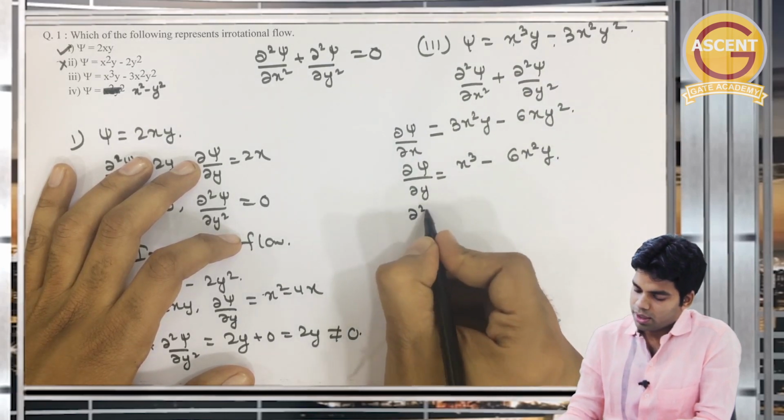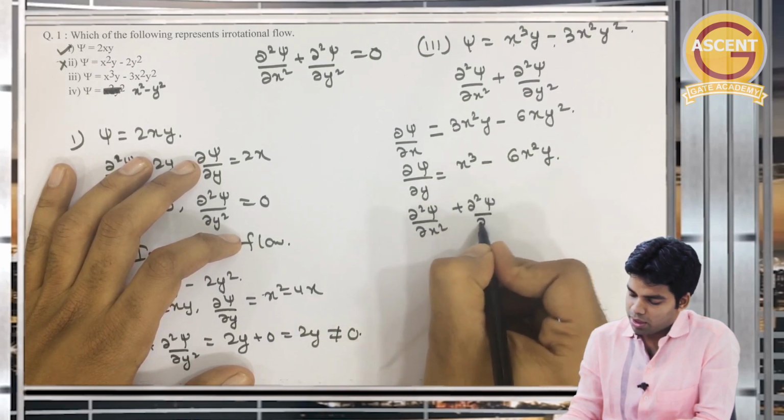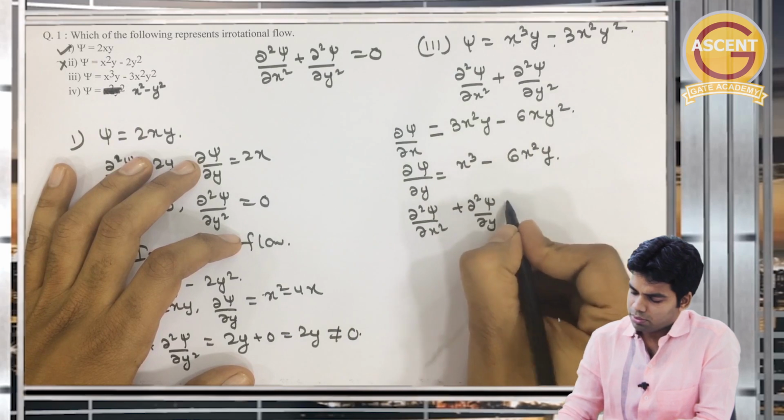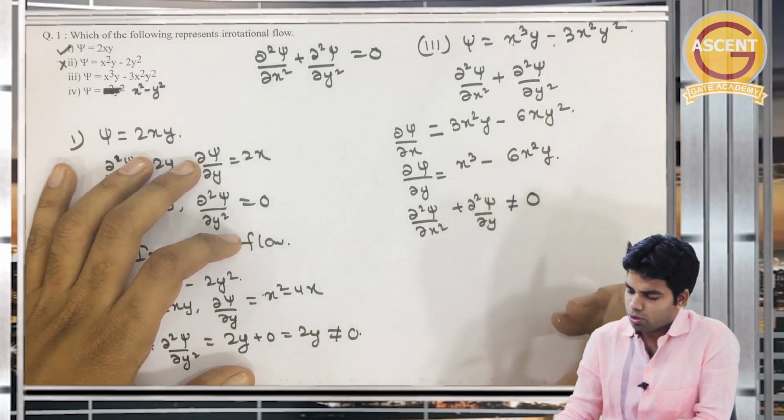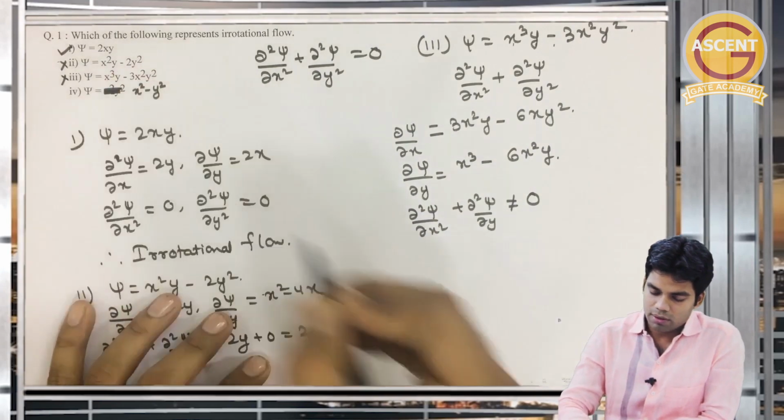Now if I take del 2 psi by del x square plus del 2 psi by del y square, obviously from the expression itself it is clear that this will not be equal to 0. So this is again not an irrotational flow.